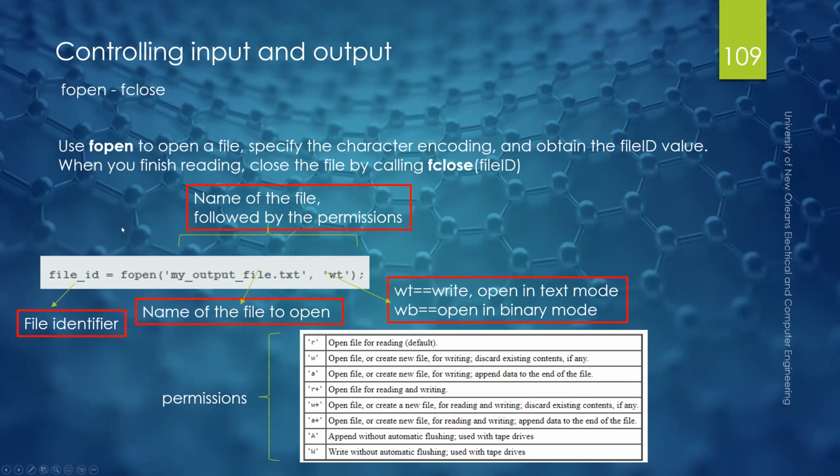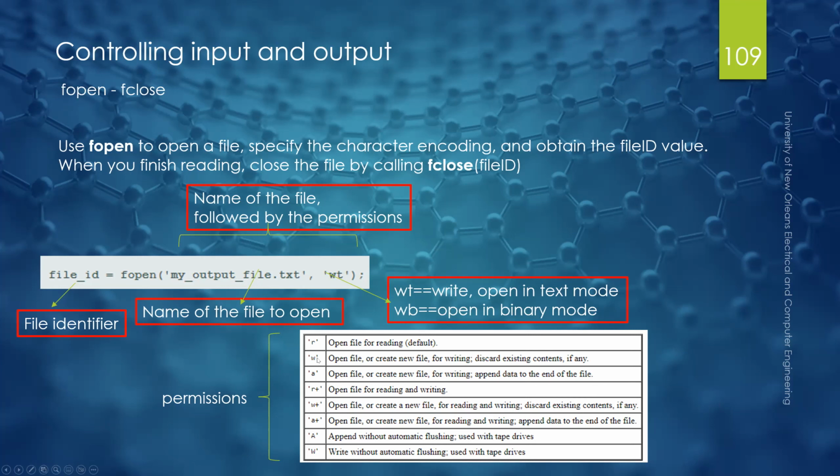So again, the way you use this, I want to open a file, right? The name of the file that I want to open is this, and I want to open it so I can write to it as a text file, and I'm going to assign it a file identifier, and that file identifier is going to be saved in this file underscore ID. So depending on what I want to do to the file, I use these different permissions in single quotes. And the list is here. I'm not going to go over all of them, but if you want to just read it, but you don't want to change anything in it, you just put R in single quotes.